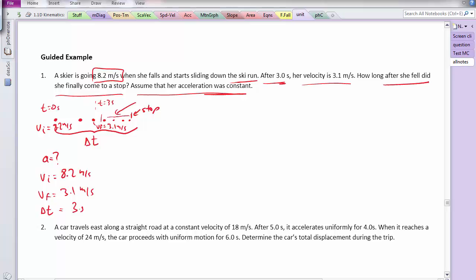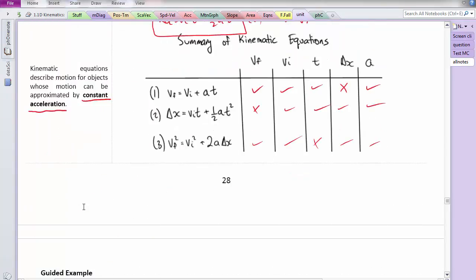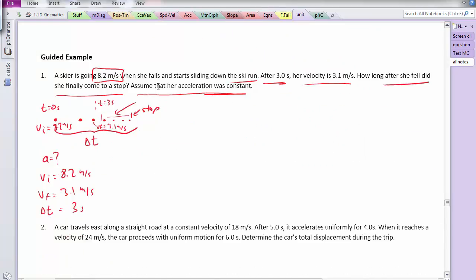So we look in our list of equations for A, VI, VF, and delta T, and that's the first equation. VF is equal to VI plus AT. 3.1 is equal to 8.2 plus A times 3 seconds.